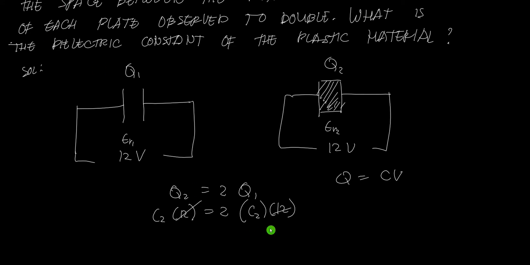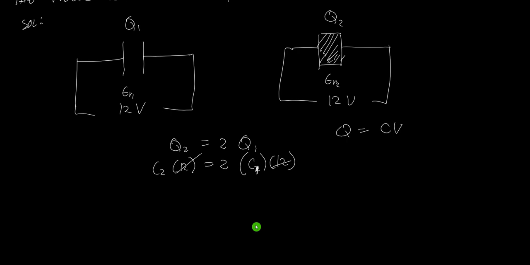So if the charge doubled with the constant voltage, then we can say that the capacitance is also doubled. If the capacitance doubled, we can solve for C2 from our formula, epsilon naught times epsilon R2 times the area over the thickness.